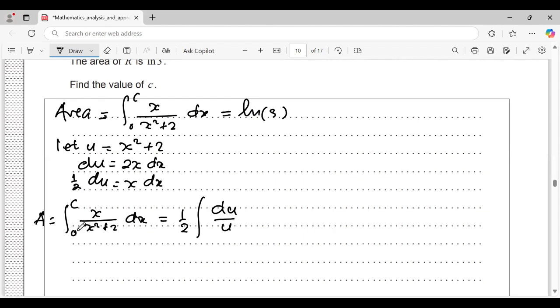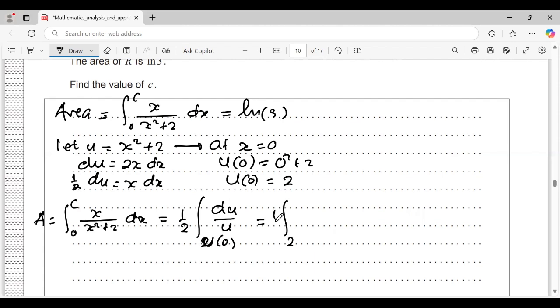Now I'm going to change the limits 0 and c according to this information: at x equals 0, u(0) equals 0 squared plus 2, and u(0) equals 2. So this is 2 here.